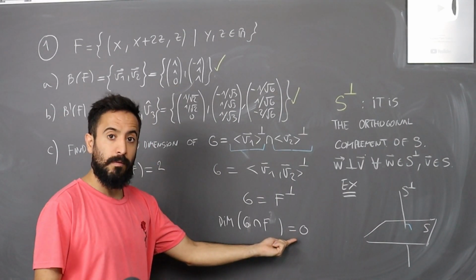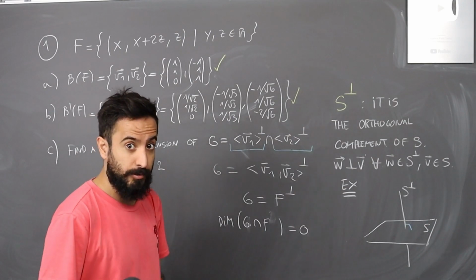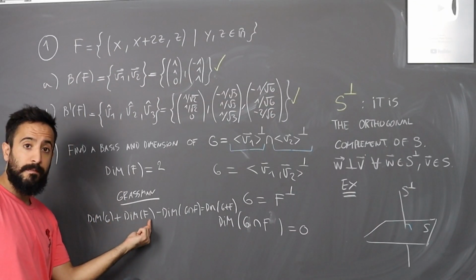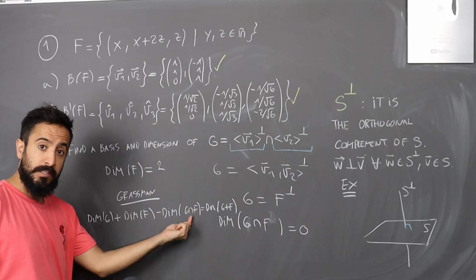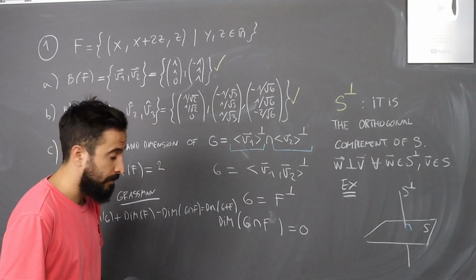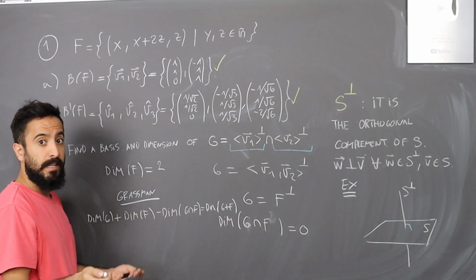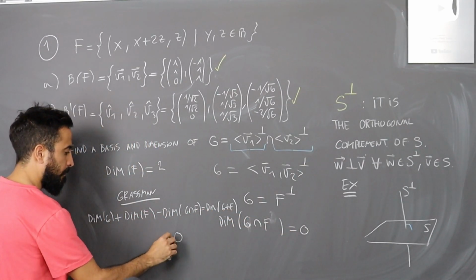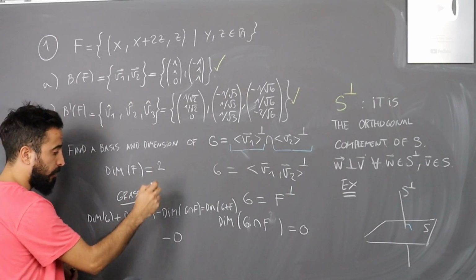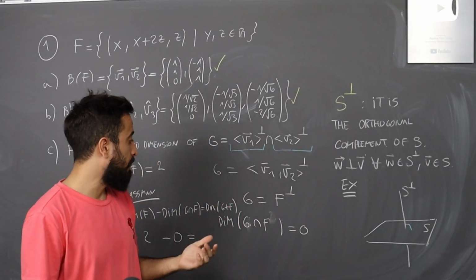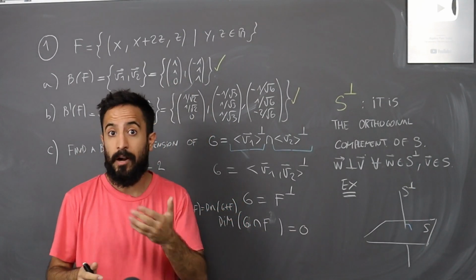How is this useful? Well, let's use the Grassmann's rule. Grassmann's rule says that the dimension of G plus the dimension of F minus the dimension of the intersection should be the dimension of the sum. We said that the dimension of the intersection is 0 because they are in a direct sum. We know that the dimension of F is 2. And since we are in R3, we know that G plus F is R3.